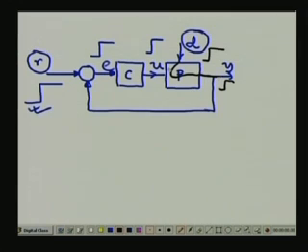So, during that time the error E remains unchanged and the controller does not obviously adjust its input. So, this is a problem of single loop control.